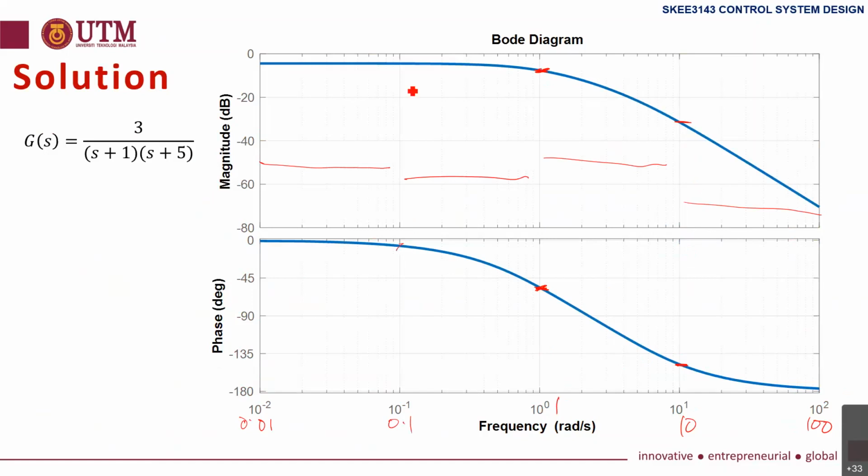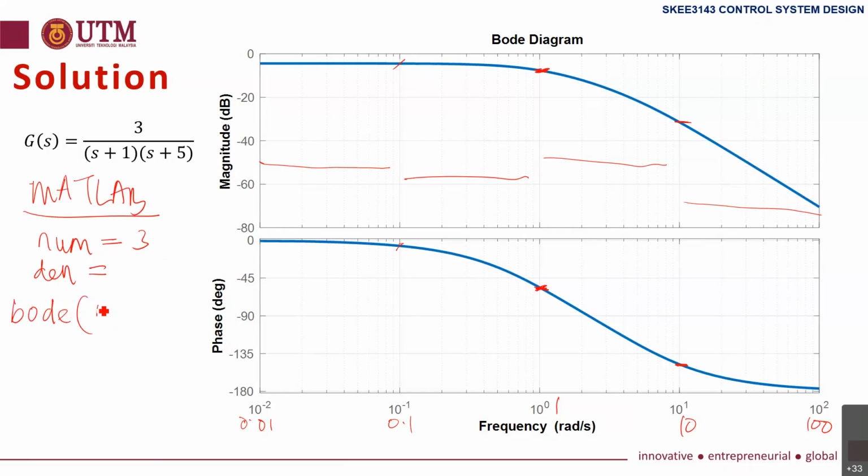0.1 is here. And just to inform you, in MATLAB, you can first define the numerator 3. You can define the denominator, in this case 1 and 5. Then in order to plot, there is a command called bode, with numerator and denominator.